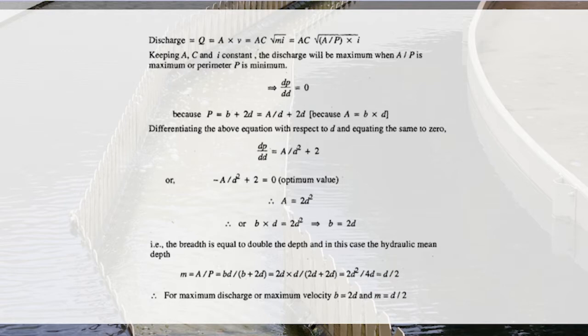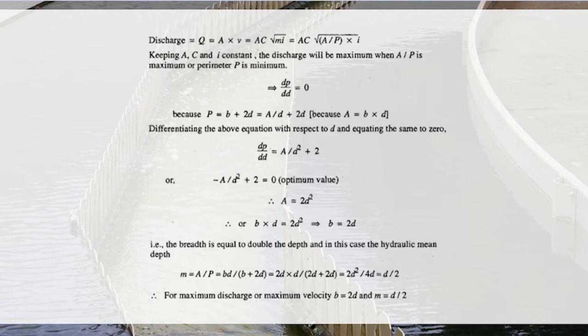So we solve the equation for the minimum of P. So dP upon dD is equal to 0, because P is equal to B plus 2D, which is equal to A by D plus 2D. Differentiating in these terms, we get for the optimum value dP by dD is equal to 0.